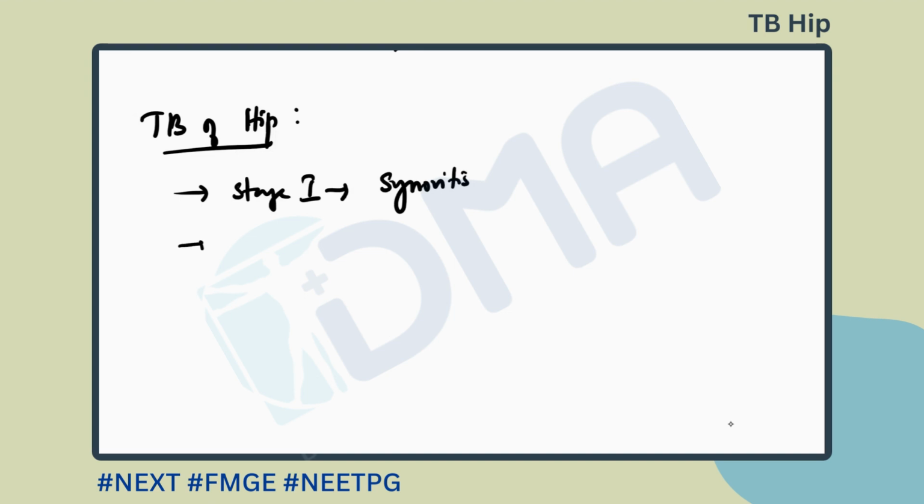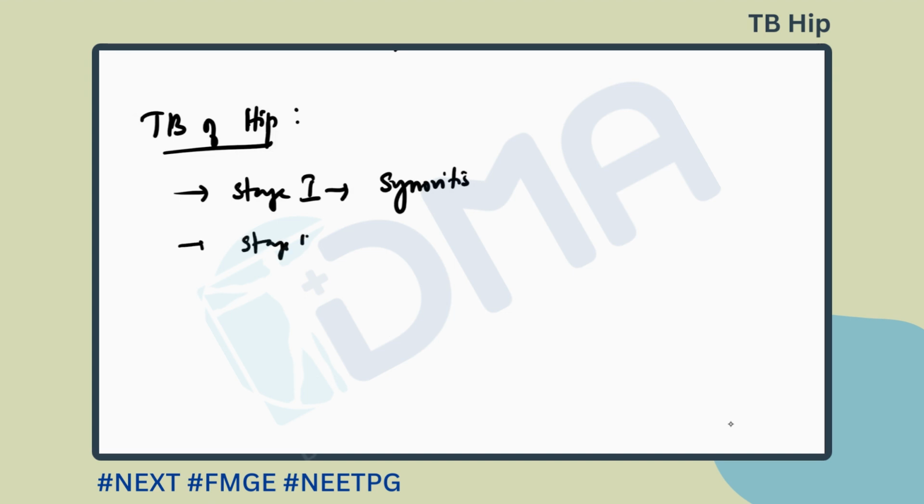Tuberculosis of hip joint. Okay, whenever TB affects a hip joint, it goes in stages. Stage 1 is called a stage of synovitis.